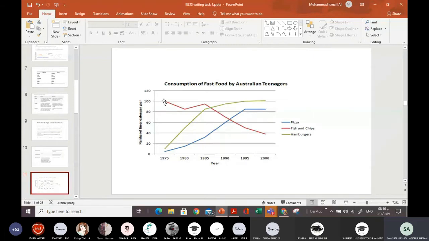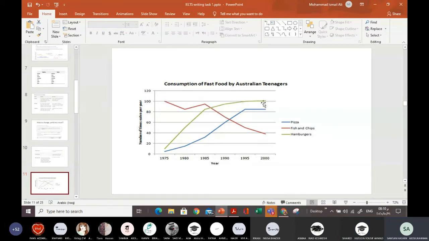Look here. Here we have these things. Can you see the line with the red one, with the gray, and with the blue one? Can you see these? Yes, teacher. These are called trends.